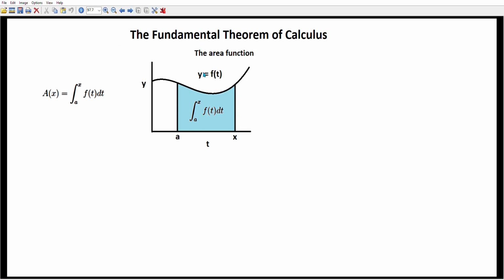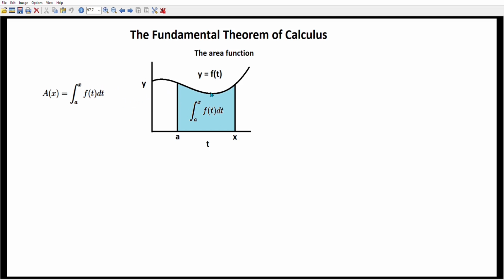Here we have the curve y equals f of t, and this time instead of going from a to b, we want to go from a to x, where we will allow x to vary. So the area function will be under the curve between a and x, where x is allowed to vary. A is a fixed point here, and the reason that we picked the variable t is that x is the upper limit.